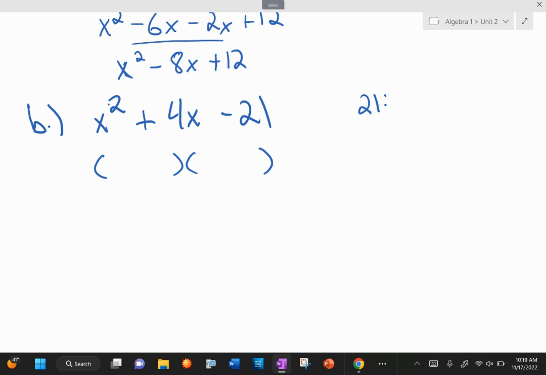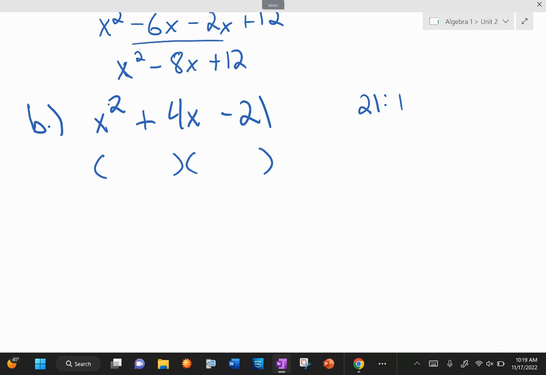Let me make a clarification. You are right in identifying that C is negative 21, but we really only need to worry about the factors of 21, because we'll change the signs of those factors based on what we need for B.